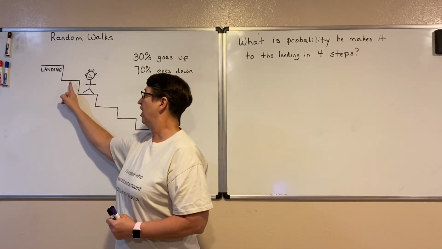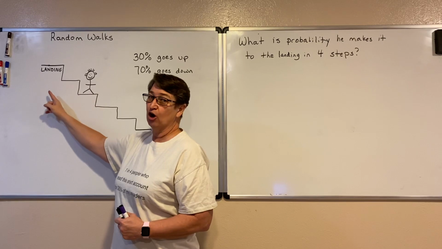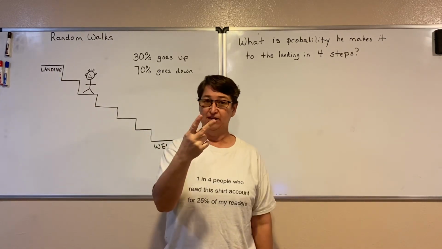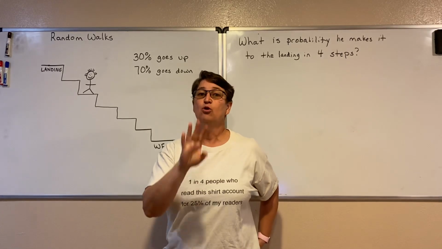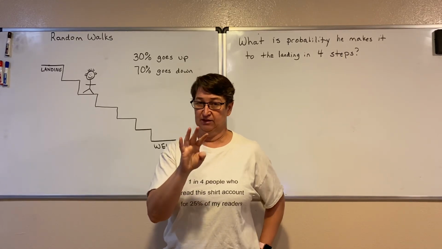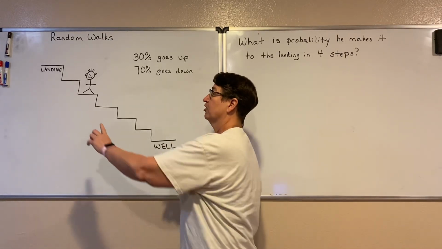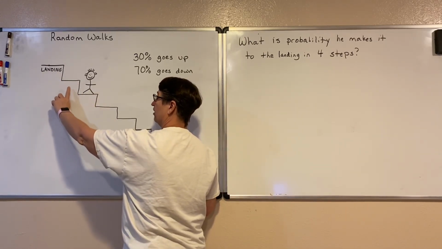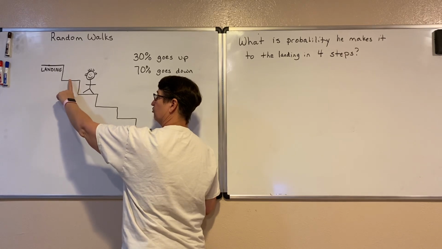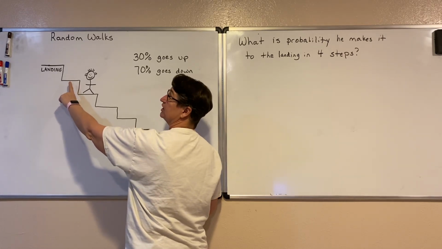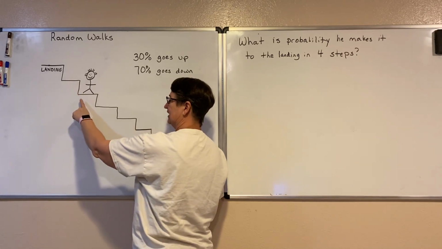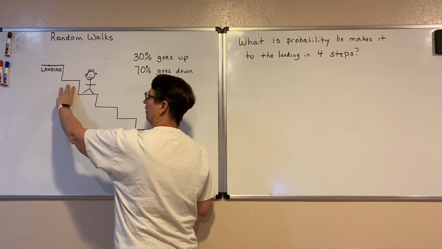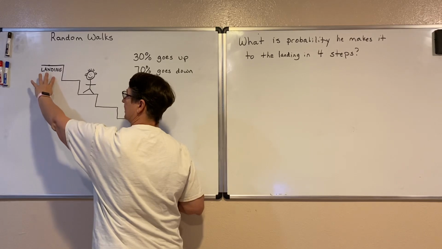Well, he could go up, but if he goes up again, he's at the landing and he's done. So he just made it to the landing in 2 steps. We want him to get 4 steps in this exercise, so going to the landing in 2 steps doesn't cut it. Instead, if he goes up, then to get to 4 steps, he'd have to go back down and then back up and back up again.